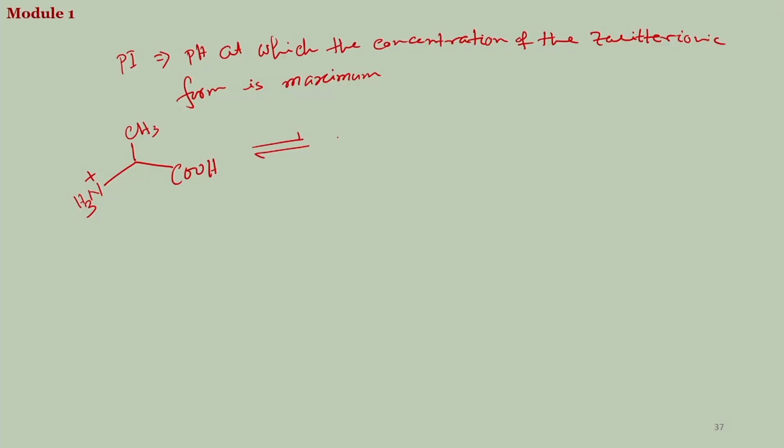Then after a certain pH, what will happen? This is an acid which has a low pKa value, so that will be deprotonated first. You will get this negative charge here. This is the acidic group, the NH3+ is not easily deprotonated. So, this is known as pKa1, the first pKa.